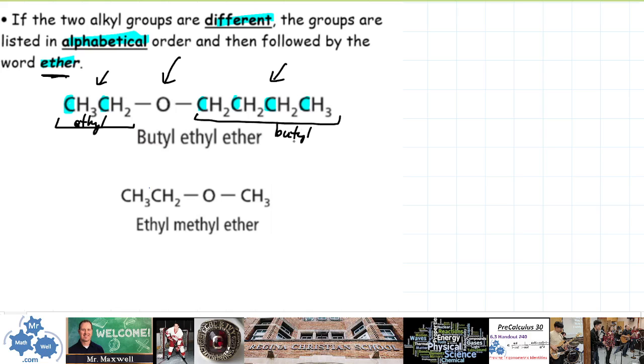So you'd list the butyl first, and you would call it butyl ethyl ether. That's the name of this one. So think alphabetically as well. This one over here, this is ethyl. This is methyl. So we're going to go ethyl methyl ether.